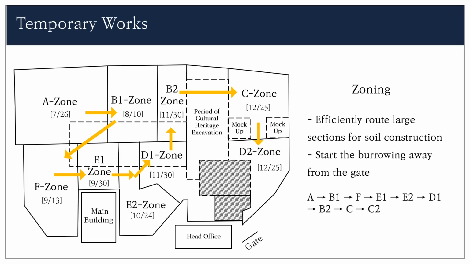The joining proceeded as follows. And the boring began from far away from the gate. Therefore, the work was carried out in the order A, B1, F, E1, E2, D1, B2, C, C2 from west to east.